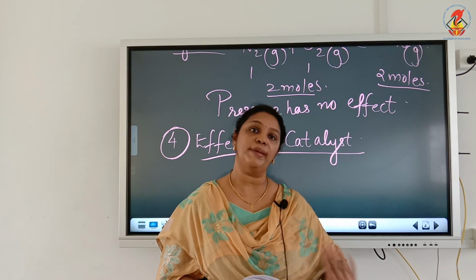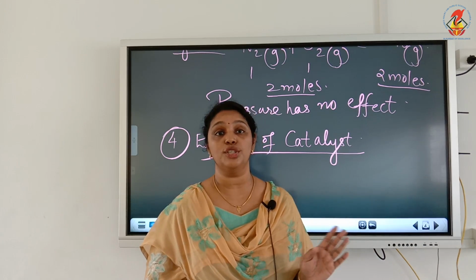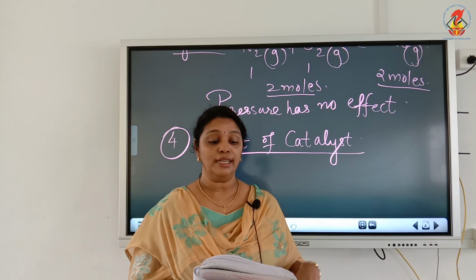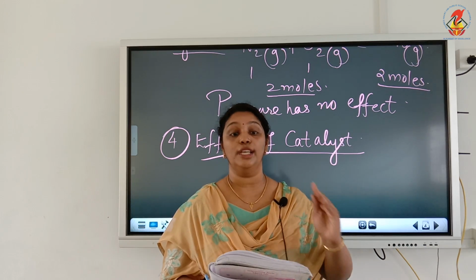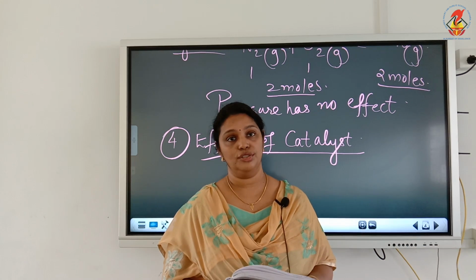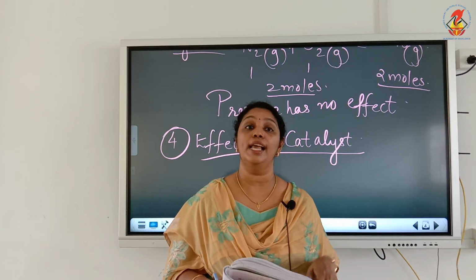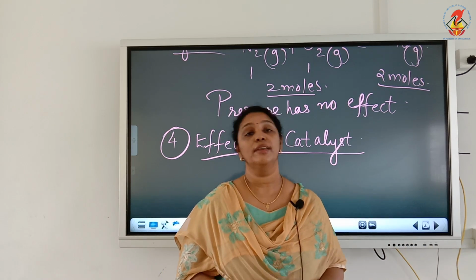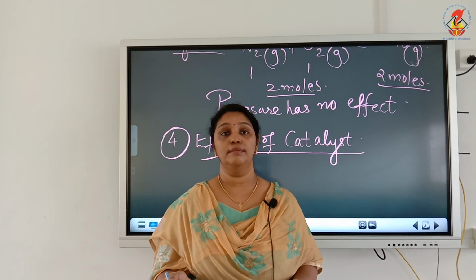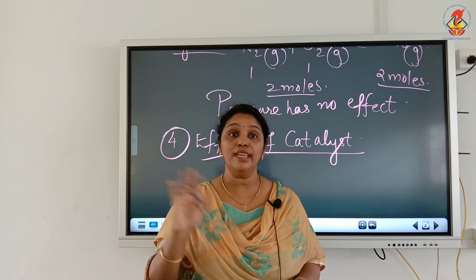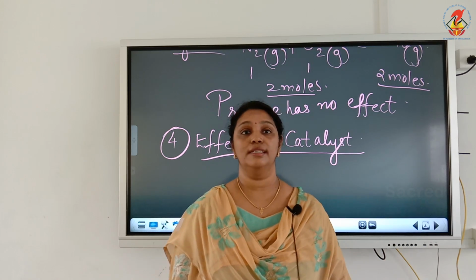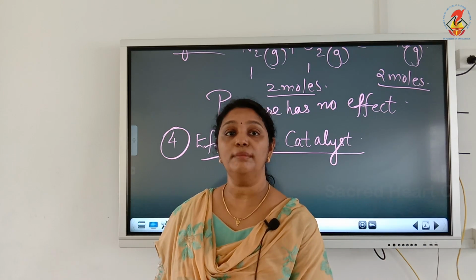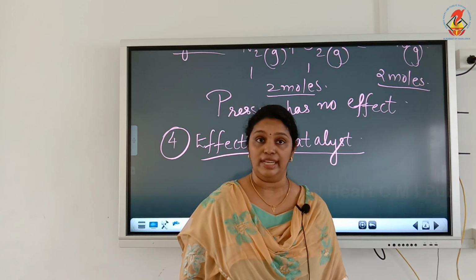The reaction will be at equilibrium, and it does not make any change to that equilibrium condition, but it helps to increase the rate at which that equilibrium condition is reached. So the presence of a catalyst will help to attain the equilibrium stage faster, but it does not make any change to that equilibrium condition. So these are the 4 factors that affect the equilibrium of a chemical reaction.